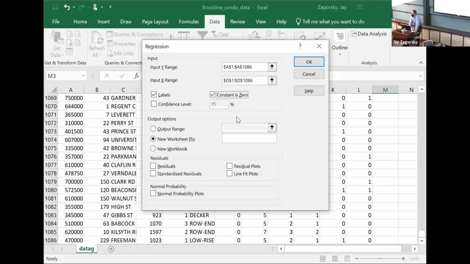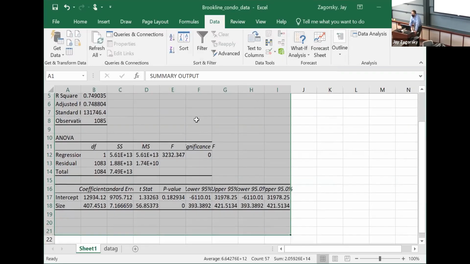Constant is 0. Repeat after me, all of you together. Never pick constant and 0 unless I know what I'm doing. Never pick constant and 0 unless I know what I'm doing. Okay? Right now we don't know what we're doing, so we're not going to pick constant and 0. We pick OK. We get a whole bunch of numbers.